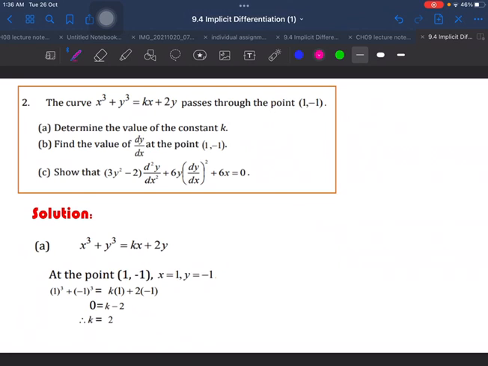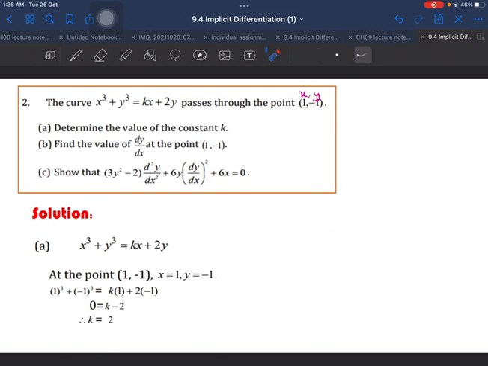We know that this is xy, the coordinate for x and the coordinate for y. The solution for A is we substitute the point (1, -1) into the equation.